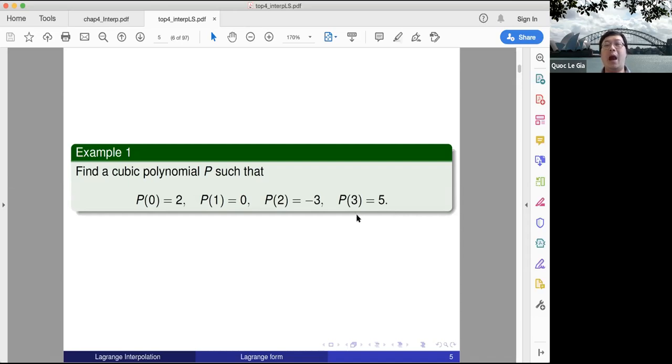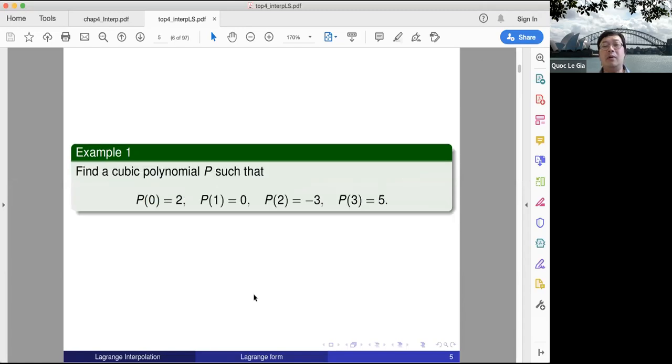Now how do you find A, B, C, and D? One way is to use a system of linear equations. You set, say, x equals 0, and you get it equal to 2. You set x equals 1, and you get it equal to 0. So you get 4 equations and 4 unknowns, A, B, C, and D. Then you can solve it, so it's very easy.